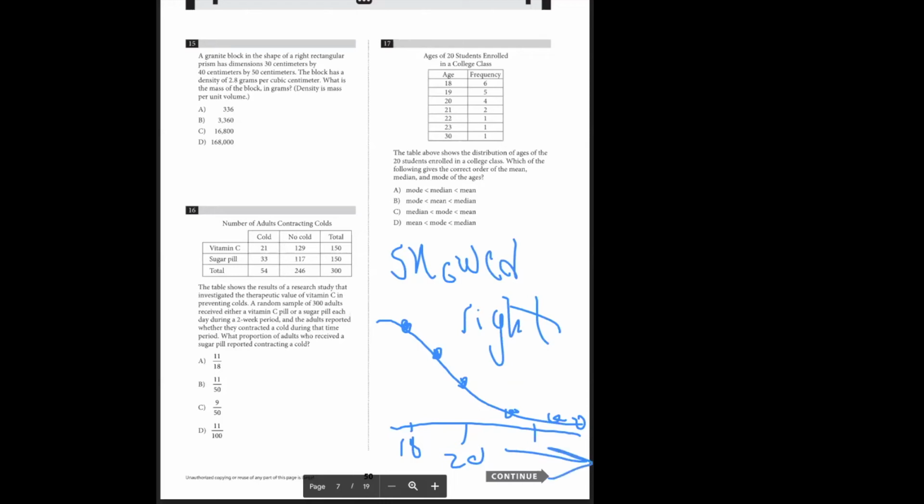So even though most of the values are at 18, you have a lot of outliers like 30, and that's gonna pull everything to the right. So when you do the average, even though you have a lot of 18s, the 30 will affect the 18s and pull it to the right. So your mean is gonna be closer over here.